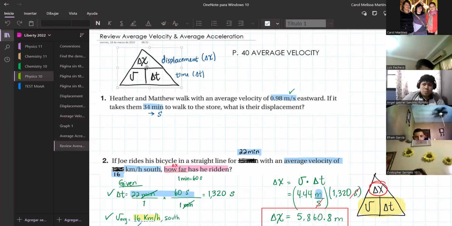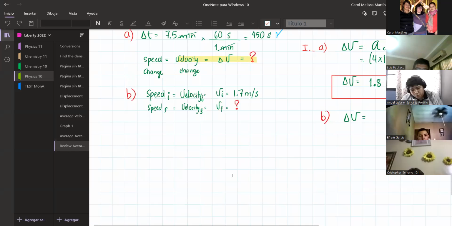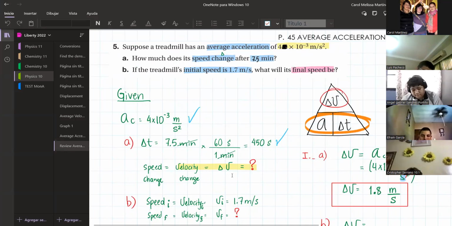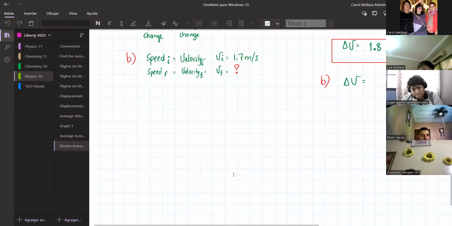Now, we also have another formula for velocity. To find the velocity, take a look. Here, the problem is not giving me displacement, okay? The problem is not giving me displacement. So what should we do? I'm going to write the other triangle right here.